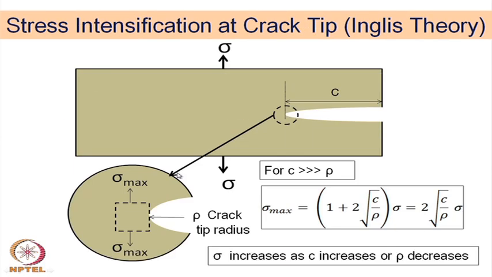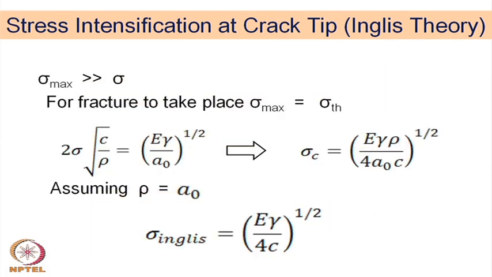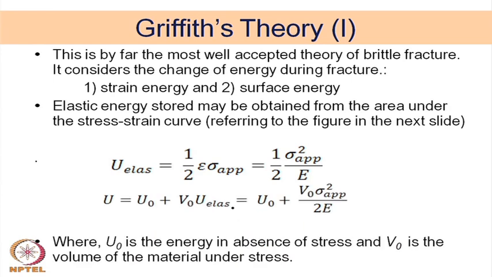So, coming back, right. This is the expression for stored energy, half epsilon sigma applied, it is the area under that curve. So, you just have the area of that particular diagram.